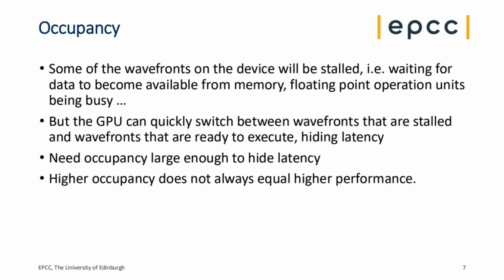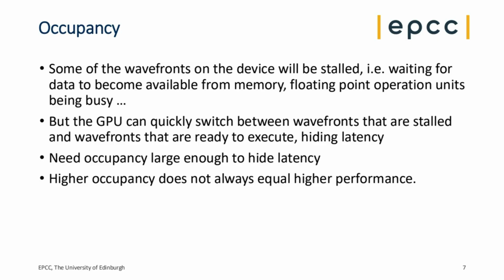It may have to wait for data to become available, and so the GPU can switch to another wavefront that can run because the data it needs is available. In this way, you hide the latency associated with loading the data required for the stalled wavefront, because you've got plenty of choices as regards which wavefront could be executing. So you need a certain amount of occupancy, a certain number of wavefronts that are ready to go, to hide any potential latency that might arise.